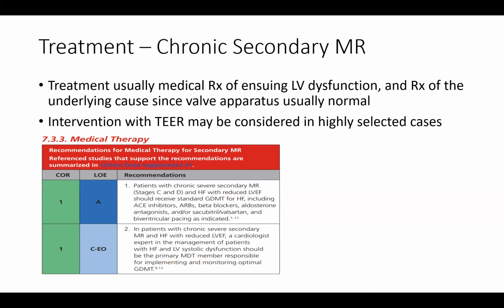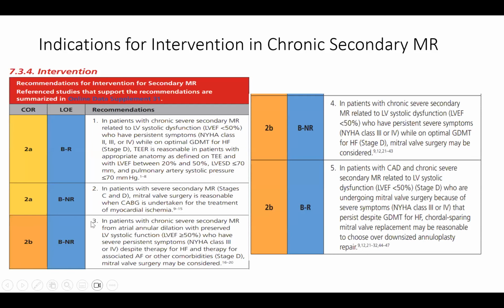But there's some growing evidence for intervention with transcatheter edge-to-edge repair in highly selected patients. So class 1 recommendations, give them GDMT for heart failure if they're in heart failure. We already know treatment for heart failure. They should also be seen by cardiologists with experience in heart failure, and LV systolic dysfunction should be part of their multidisciplinary team.